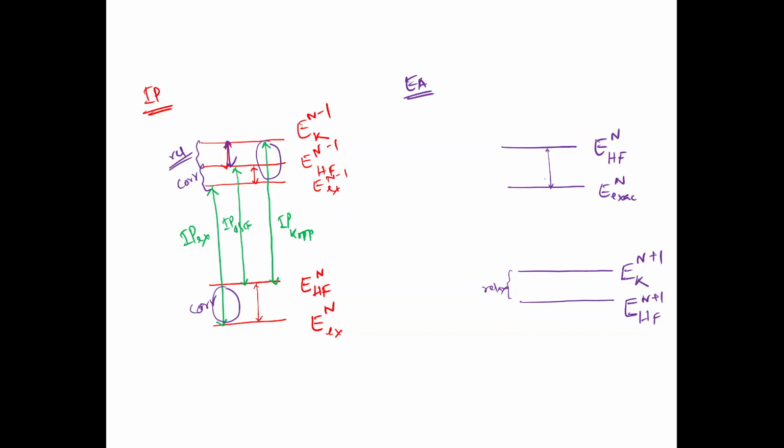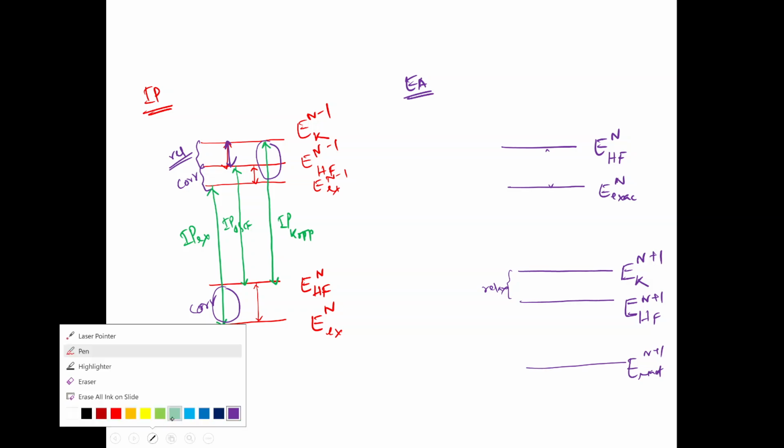Now I have an n plus 1 electron, so your correlation energy is higher than this gap. Let's say it lies somewhere here. So now this is your correlation energy, right, which is higher than for the n electron. So this is your E exact for n plus 1 electron.